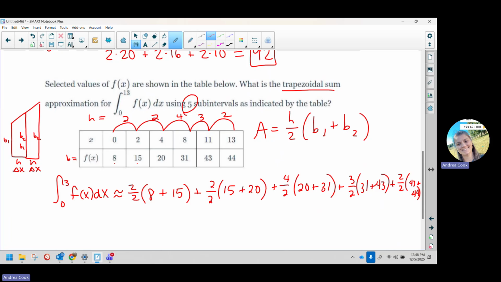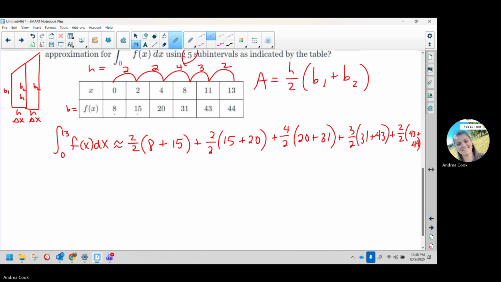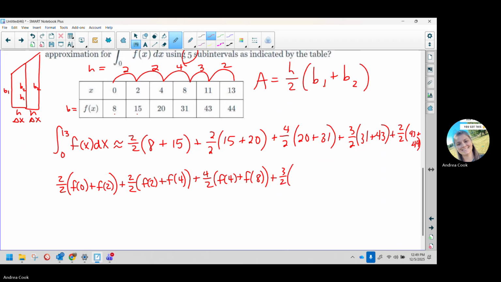And again, if I put this in function notation, because there's 5 trapezoids.